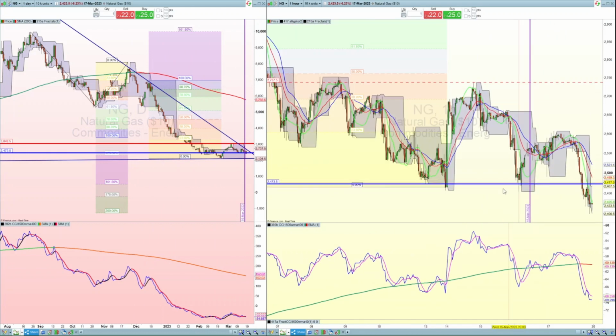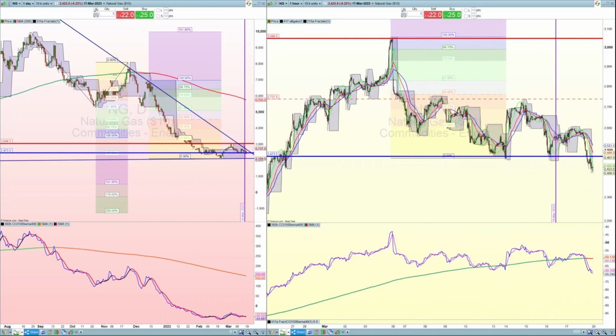So what we're going to do as well, I'm going to draw a Fibonacci extension from that high in that range there. So you can see there it's broken down through the 50% extension, and it's now approaching the 61% extension on that particular range. And again, that's just a little area there, so it may come down to that point.